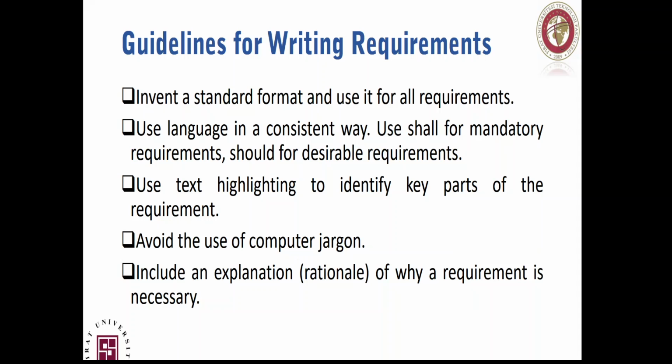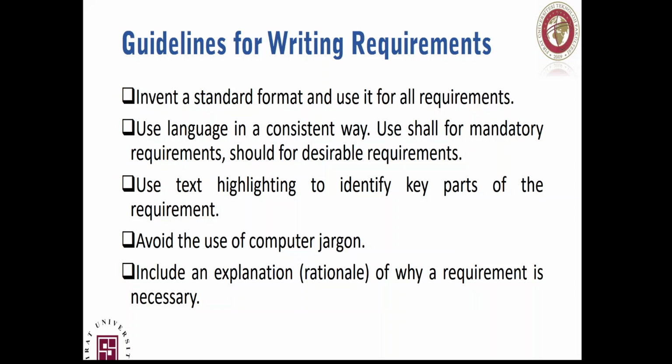And then you should use a consistent structure of sentencing. What does it mean? You can use shall, for example, for mandatory things, like must things. So any must requirements, you can use shall, and for maybe recommended or desirable requirements, you can use should.